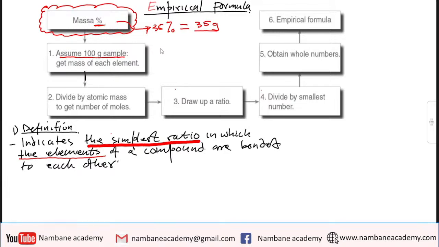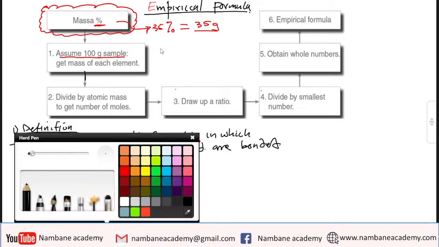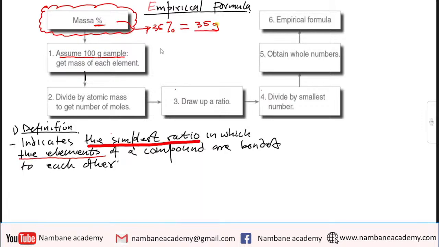So when the examiner tells me, no, 35% of this, 40% of that, 15% of that, it basically says all that is basically represented in a form of a mass in grams as well as the percentage thereof. So if I'm told it's 35%, it actually means 35 grams.